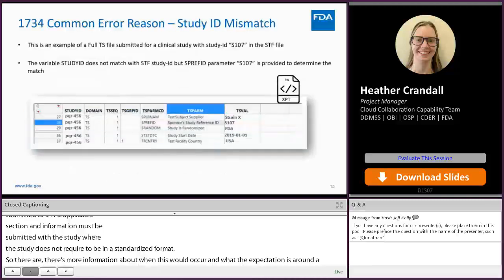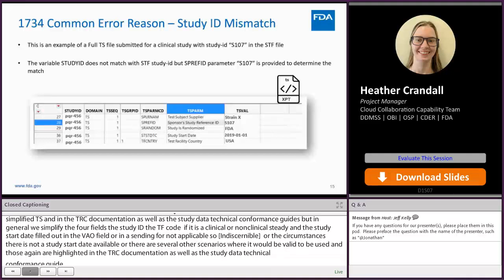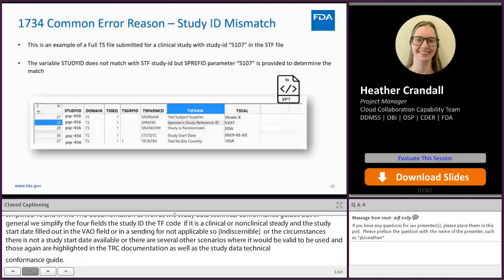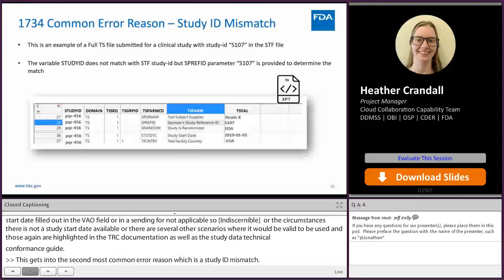So this gets into the second most common error reason, which is a study ID mismatch. The validation is looking for a match between the study ID as listed in the stf.xml file, which is part of the eCTD standard, as well as the study ID listed in ts.xpt.